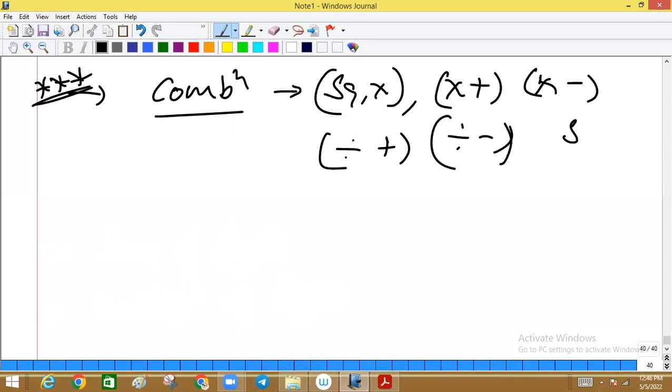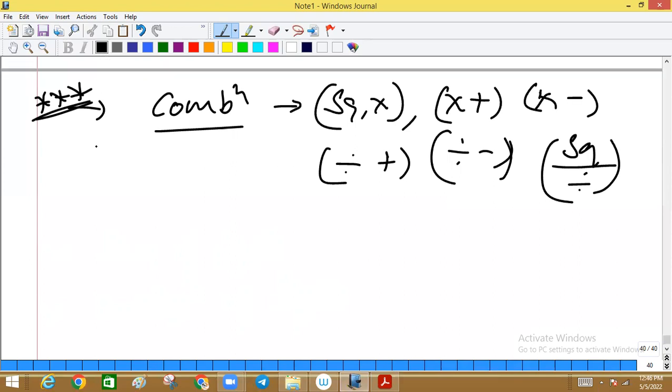This is also a previous SSC question. All these are the different types of combinations that are possible in the SSC.